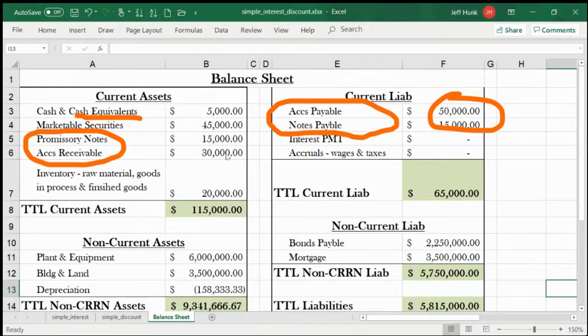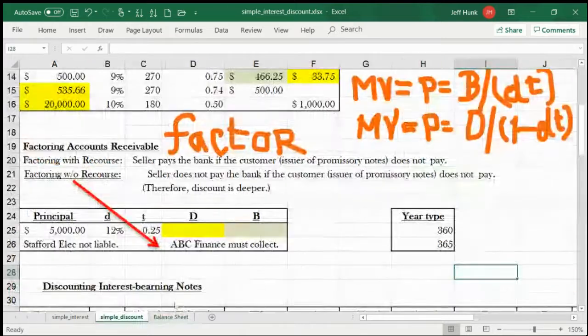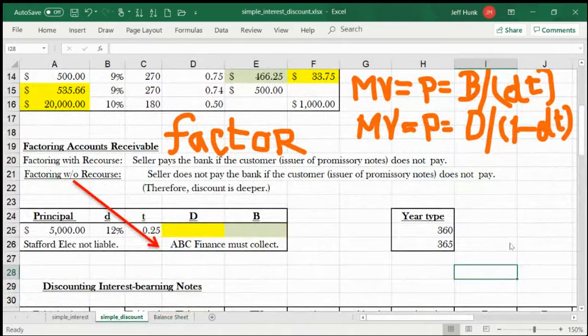If promissory notes are part of the accounts receivable, I would feel more comfortable putting it as a sub line item of accounts receivable, but they generally write it as separate line items. Why? I'm going to get to that later, but there's a reason.